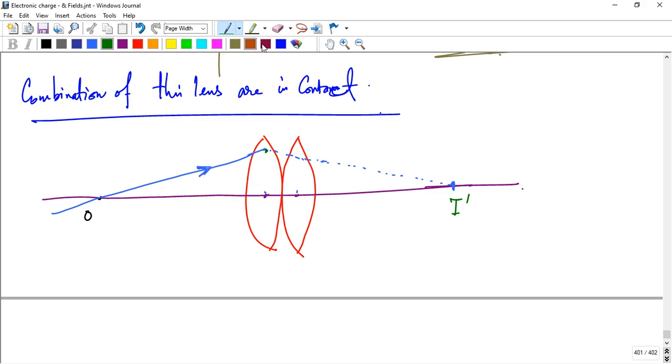Those are the incident rays, and these are the emergent rays. But in the case of the second lens, this is the first lens, and now these rays are incident on the second lens, this I1 dash. Okay, clear.